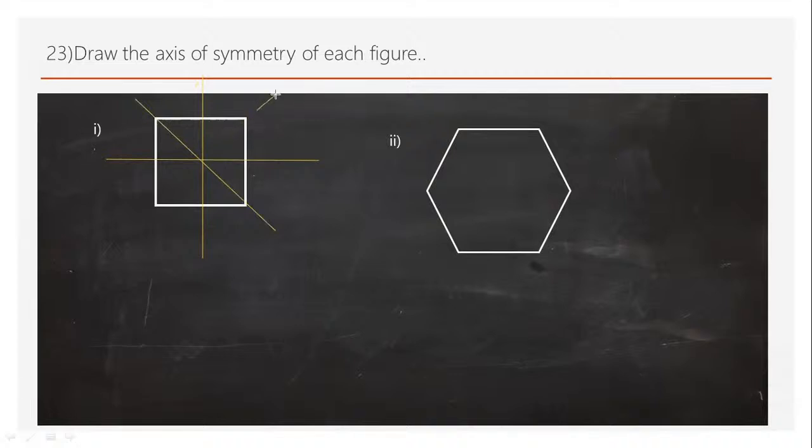Symmetry means we can get 2 equal halves by cutting through the axis. So how many axes of symmetry are here? 1, 2, 3, 4. 4 axes, right? 4 axes.